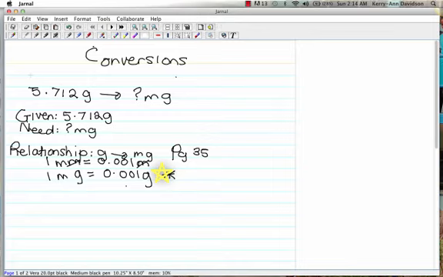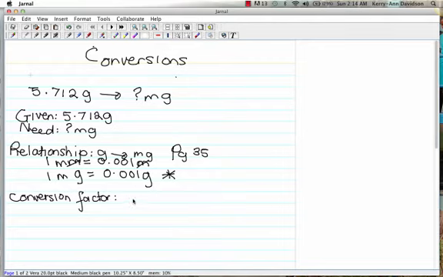All I'm going to do now is do my conversion factors. The conversion factor is very easy, I should say. All you're going to do is basically make fractions using the relationship. In other words, it's a ratio.